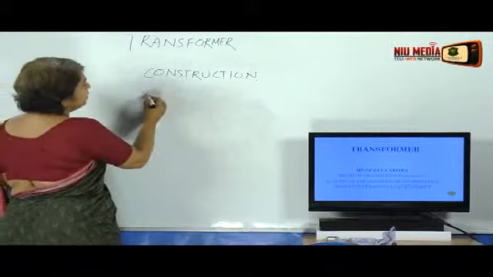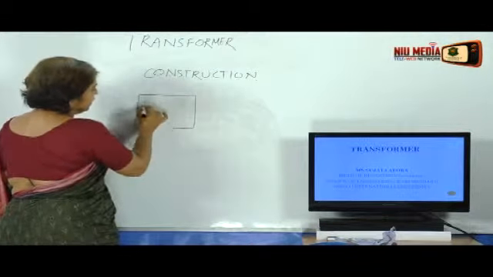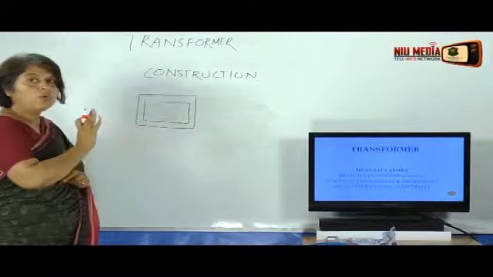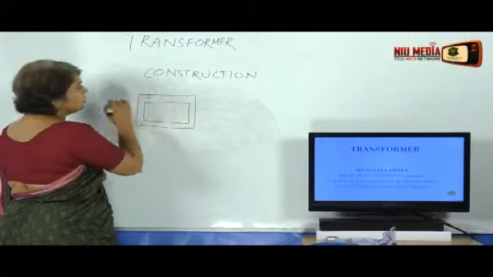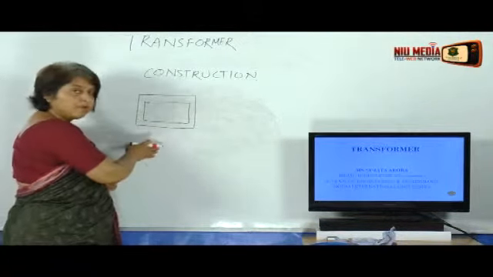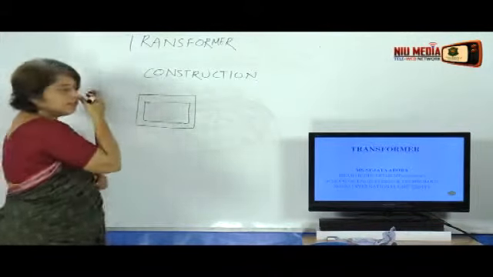Based on the shape of the core, this particular portion is called the core of a transformer. Based on the shape of the core, there are two basic types of transformer.